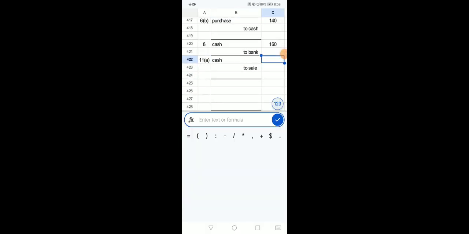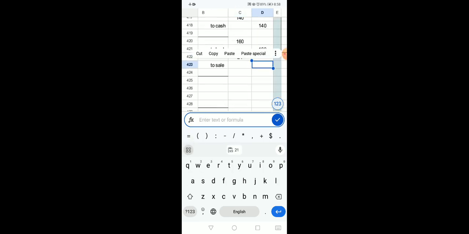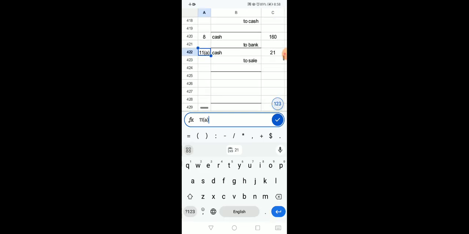It is, as you can see, 21. So you will write 21 on the debit side, and the same amount you are supposed to write on the credit side. This way 11A is completed, cash sales.